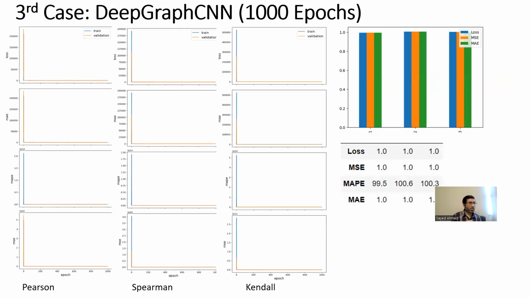Okay, so in the third case, it's the deep graph CNN. As I told, I will not say that this outcome is correct or a reliable outcome.